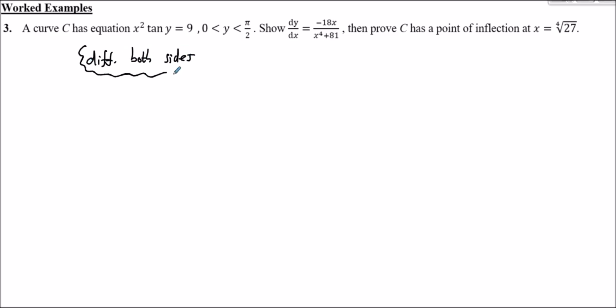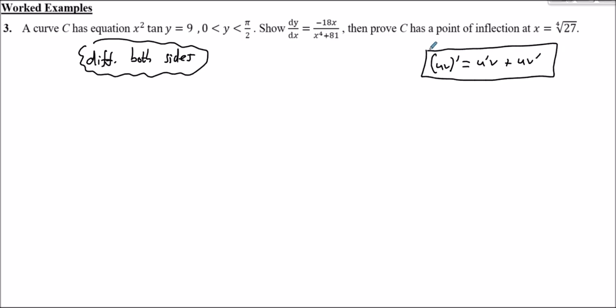So, for the first bit, x squared tan y is actually a product. So if we differentiate x squared tan y, remember, if I differentiate a product, let's say uv, I differentiate the first bit, keep the second the same, then leave the first one as is, differentiate the second. So that's here if you need.